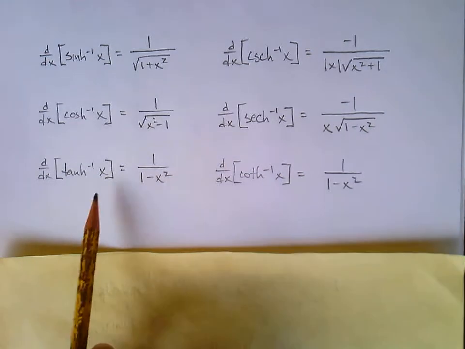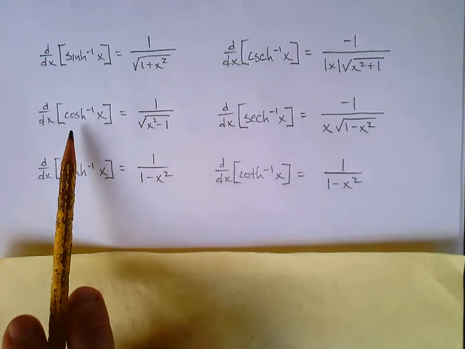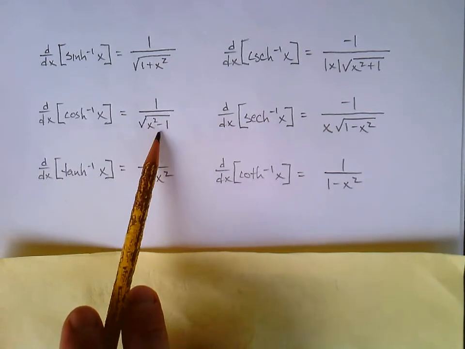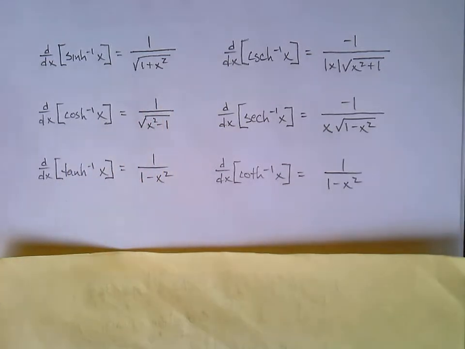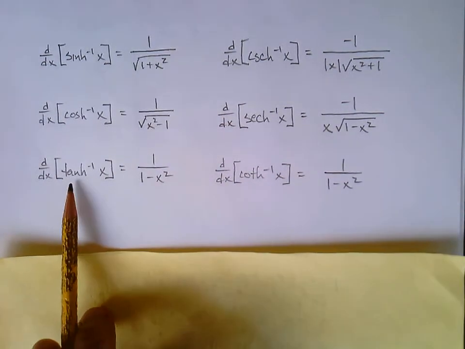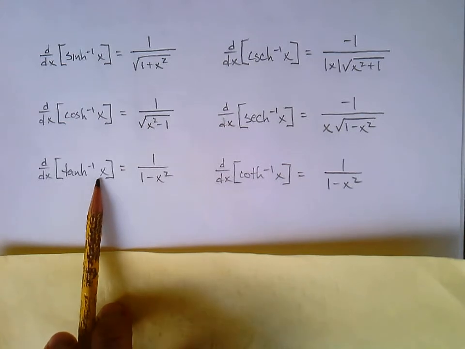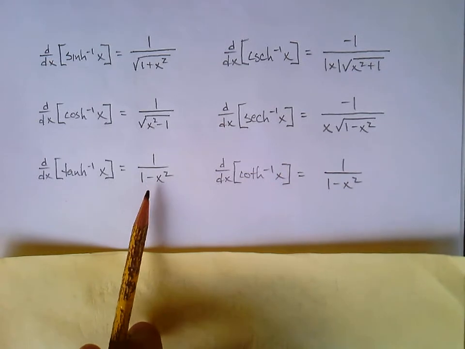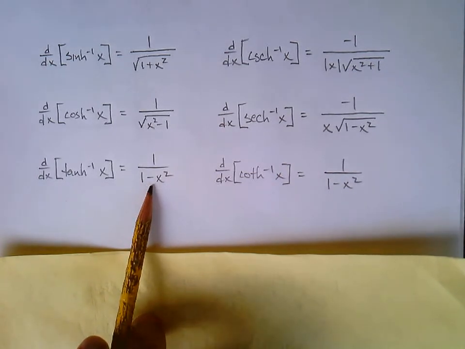Here's the derivative for inverse hyperbolic cosine, 1 over square root x squared minus 1. Now this has some major differences from inverse cosine's derivative. So yeah, there it is. Inverse hyperbolic tangent's derivative is almost identical to inverse tangent's derivative.